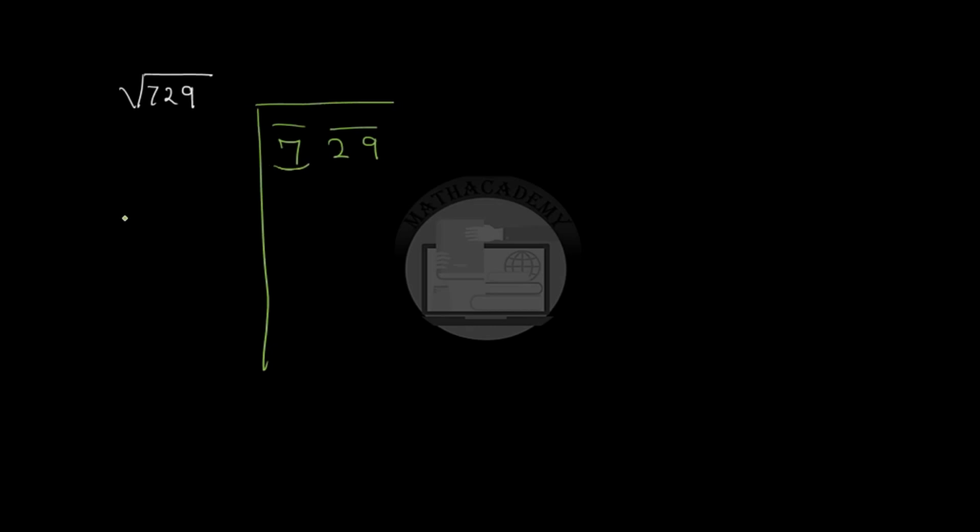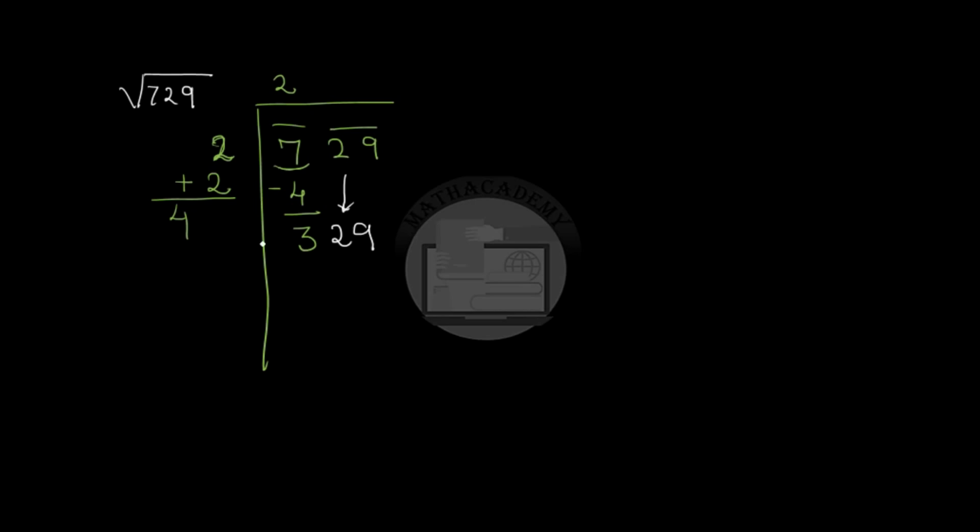We have to look for the largest square number which is equal to or less than 7. So it is 2 2s are 4. 2 square is 4, we subtract it to get a 3, and whatever we write here we have to add it again. So 2 plus 2 makes it a 4. Then we take down the second pair, the entire pair.